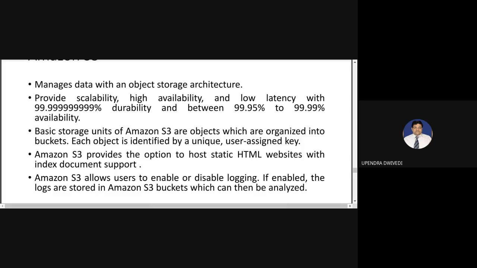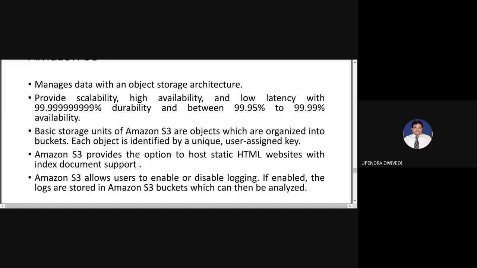The basic storage unit is the object, and objects are identified by a unique user-assigned key. When you store any information or object, it will be assigned a unique user key. Whenever you want to access that information, you need to provide the key related to that particular object.